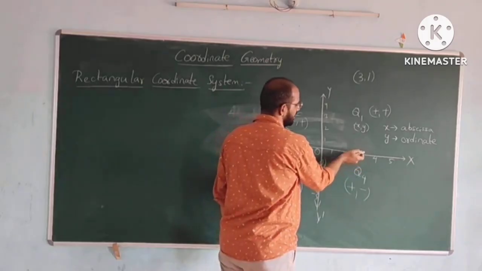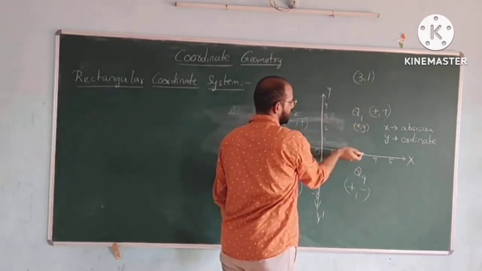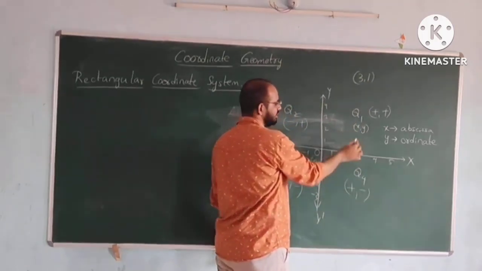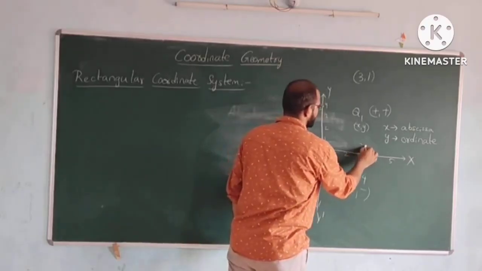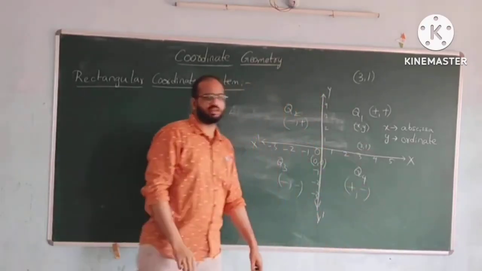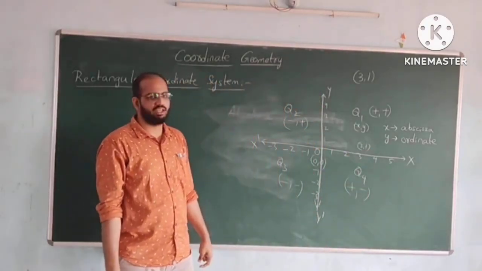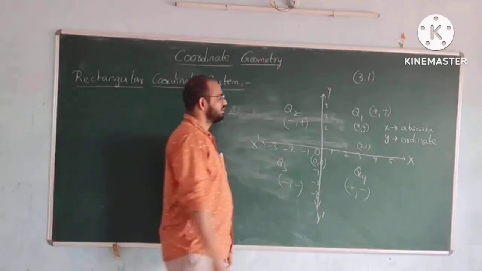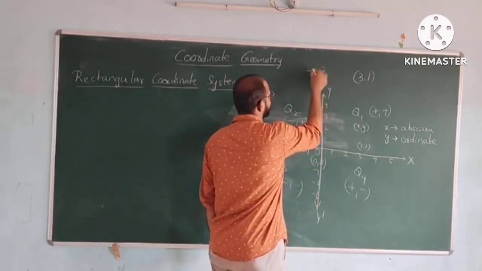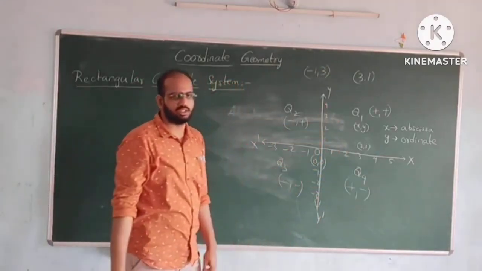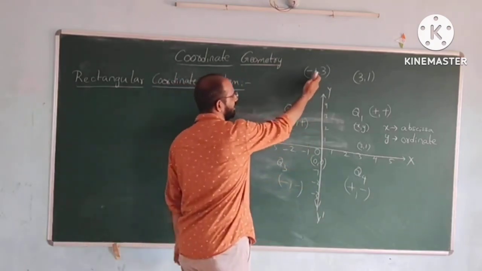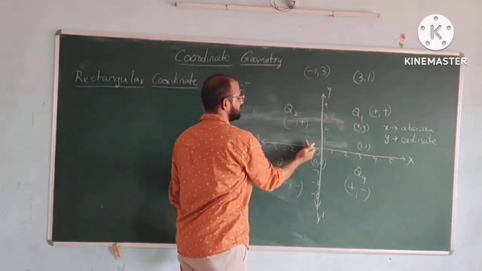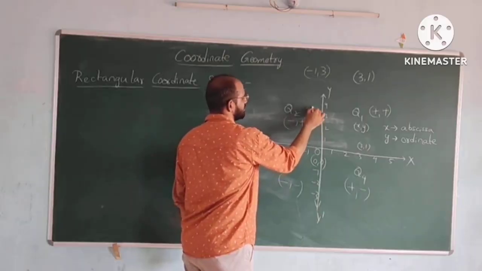And the y value is 1, so we move 1 unit upward. So this point is 3, 1. If you want to locate a point whose coordinates are minus 1, 3, you move 1 unit left side and 3 units upward because y is positive. So this point is minus 1, 3.